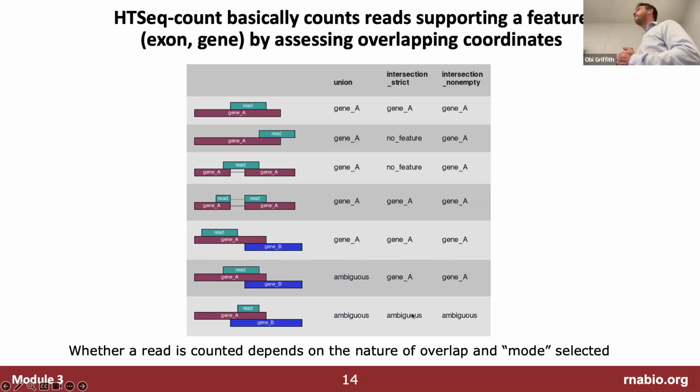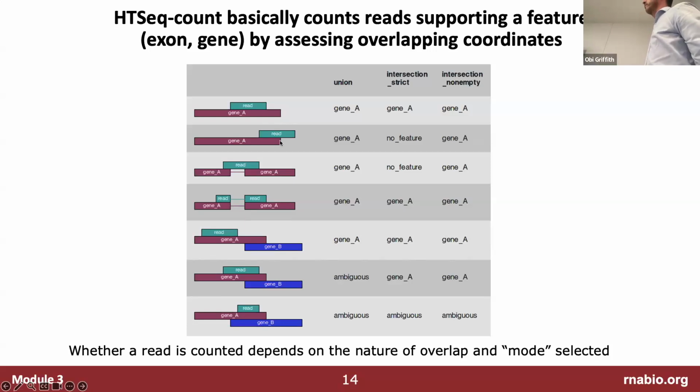Question? Yes, for the second row though, if you were to be that strict and not count it, aren't you removing possible novel alternative splicing? So the question is, for the second row, if we're using the intersection strict mode, we're ignoring this green read here, which isn't consistent with our basic understanding of how this gene should be expressed.